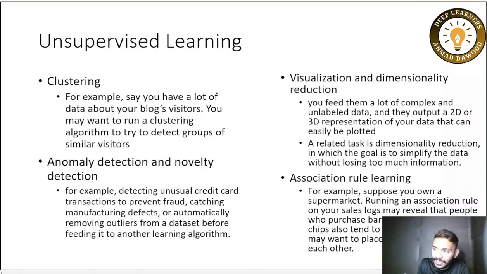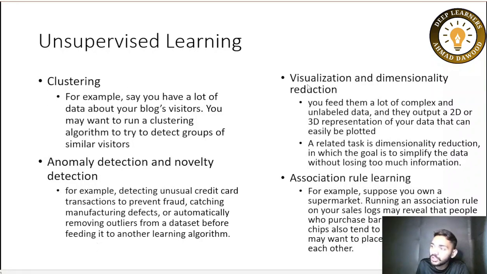Then you can conclude that these samples are inconsistent with the rest of the data, so there is a chance that these are outliers. You can use this technique for detecting unusual credit card transactions to prevent fraud, catching manufacturing defects, or automatically removing outliers from a dataset before feeding it to another algorithm.